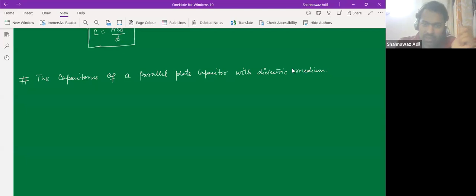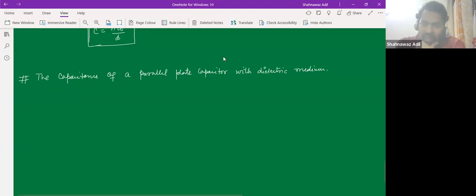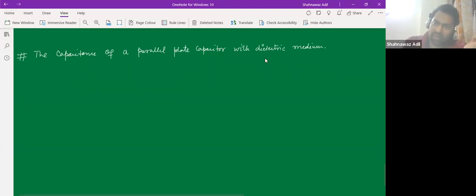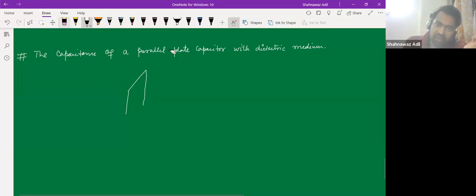Okay, so we have a dielectric and we have a capacitor. The parallel plate capacitor, as I told you earlier, is represented by two parallel lines. This one is positive, and this one is negative.